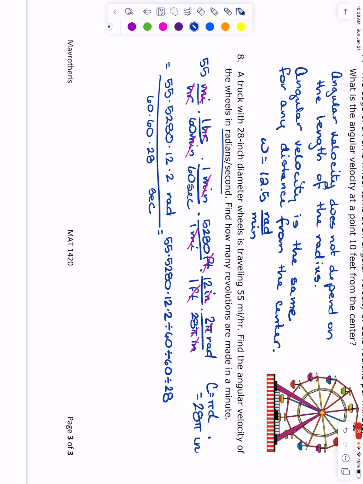So we are going to go ahead and crank this out. If you want to double check my math, you can go ahead and multiply that whole numerator, multiply that whole denominator, and divide that way. And compare, make sure you get the same thing.